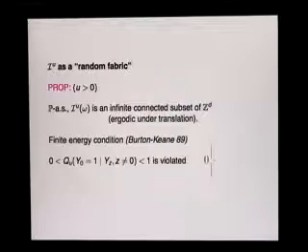A remarkable property of this model is that I^u is an infinite connected subset of Z^d. So it's a piece of cloth. It's not several pieces. And it's ergodic. It's not only translation invariant, but it's ergodic. And the way you prove this is related to a celebrated theorem of Burton and Keane going back to 1989.